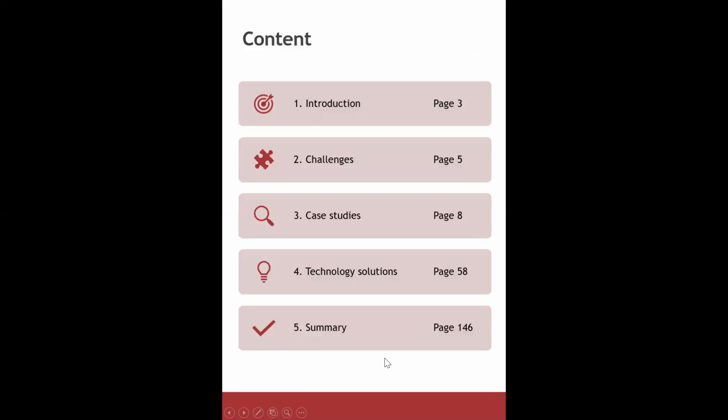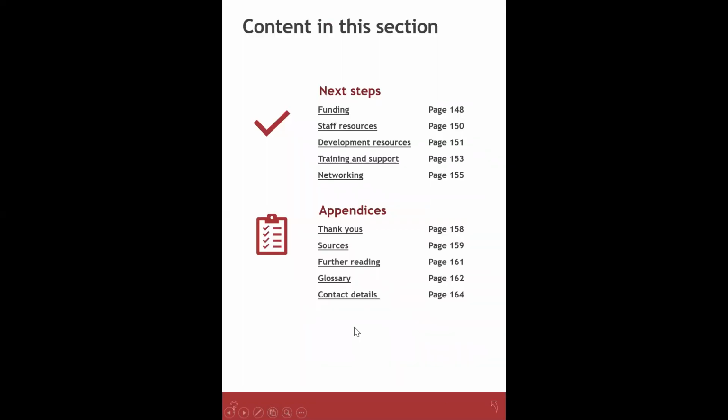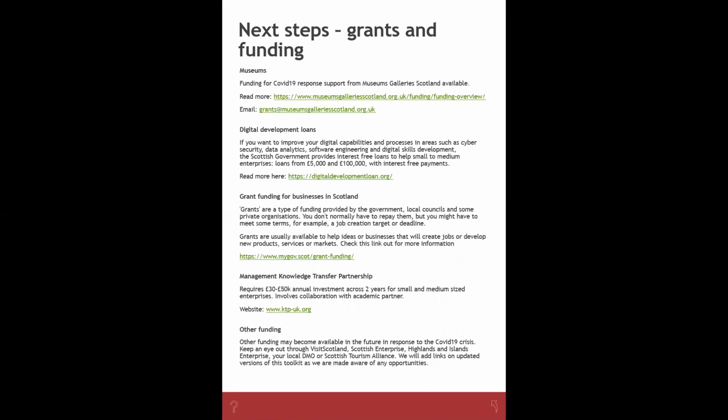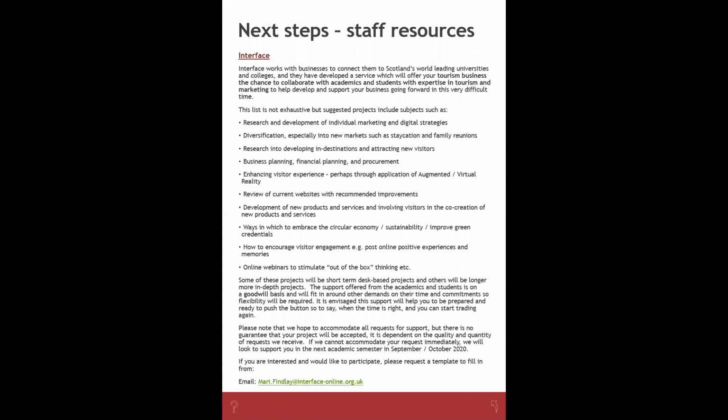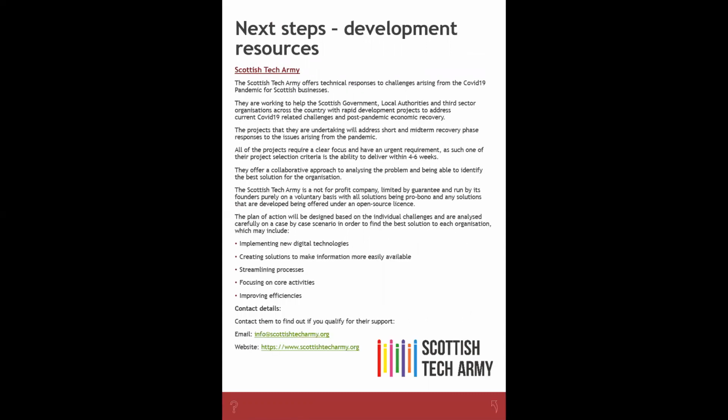So that's technology solutions. The fifth and final part of the document is a summary. And in this summary, we are giving you some next steps. For example, if you're looking for grants and funding, we have a section on that. We also have some information on staff and development resources.